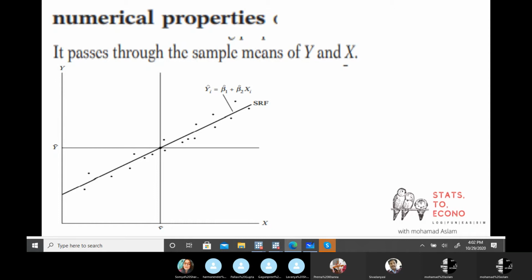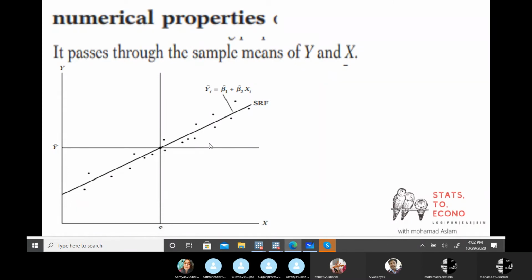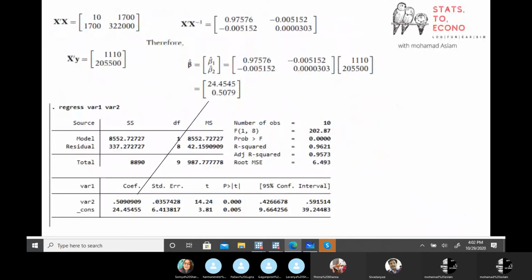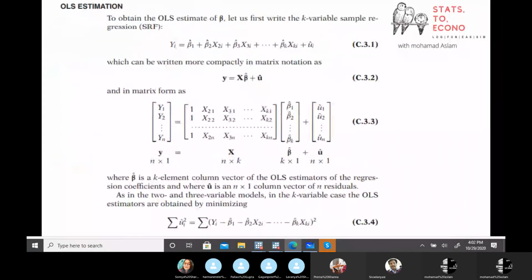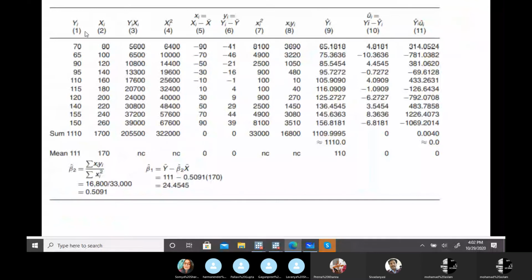So first, before that, just understand the numerical properties. The first, simple numerical property is that the regression line will pass through the sample means of y and x. If you take this numerical example, the means of y and x are here 111 and 170.